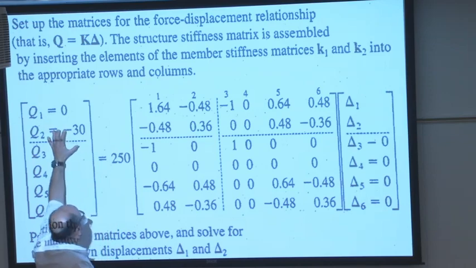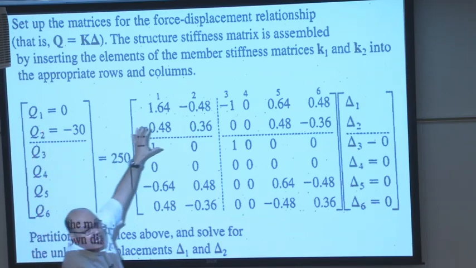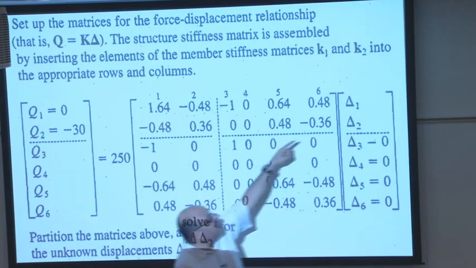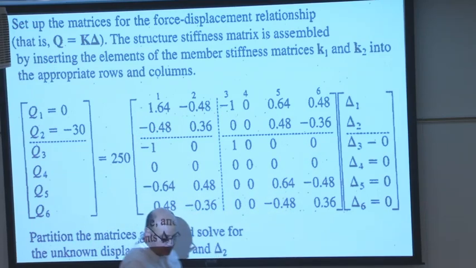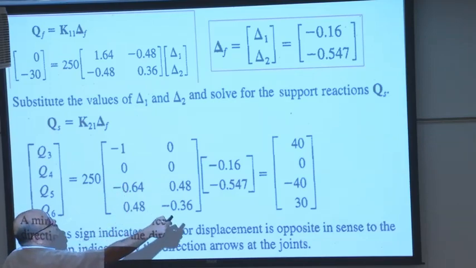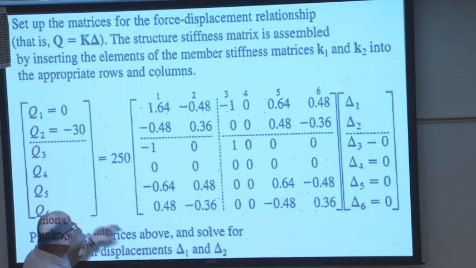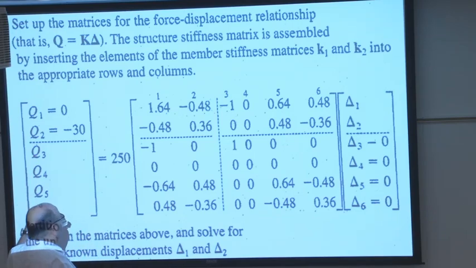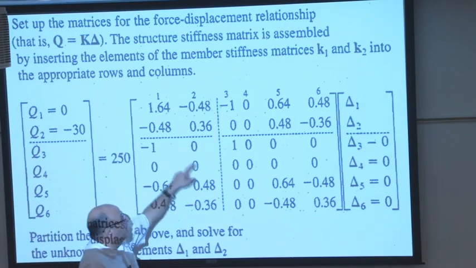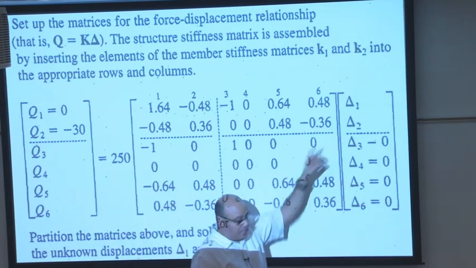So all you need to do is say Q1 and Q2, which is 0 and negative 30, equals K11 times delta 1, delta 2. Done. Here we go. And you came up with delta 1 and delta 2, as you can see. If you would like to find the support reactions, you say that Q3, 4, 5 equals K21 multiplied by delta 1 and delta 2.